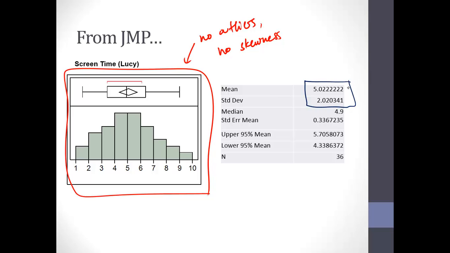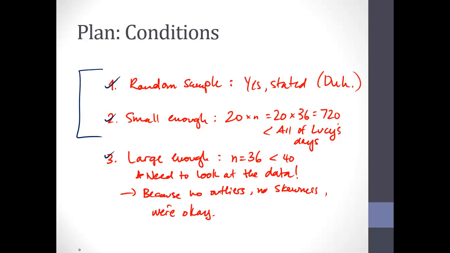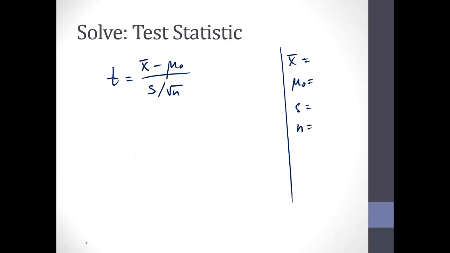So our mean is 5.022 and our standard deviation is 2.02. We know our sample size is 36, and then what's mu 0 going to be?